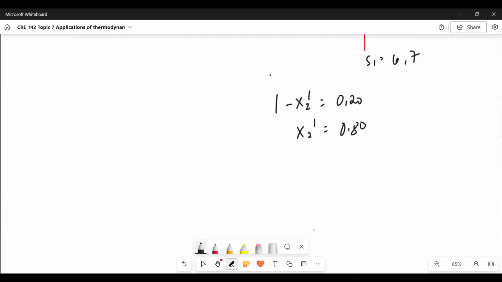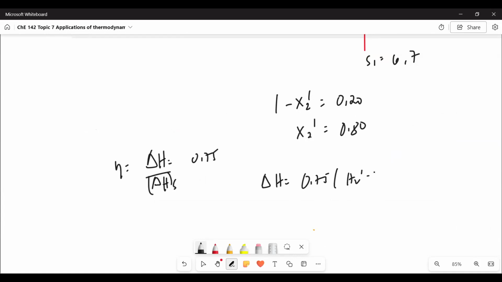Now, we can use that to calculate the actual delta H, where efficiency, delta H S, is equal to 0.75, right? Then we calculate the actual delta H. So this is 0.75 times H2 prime minus H1.